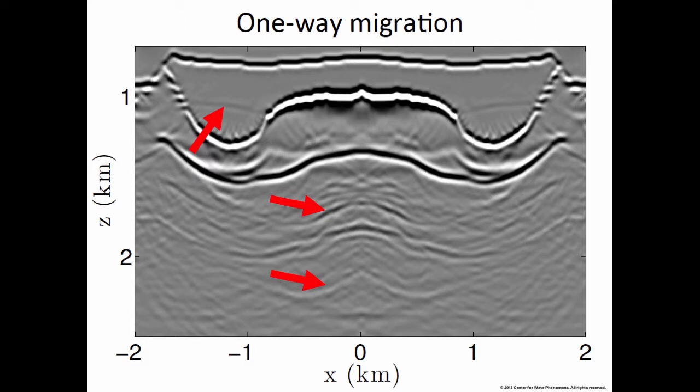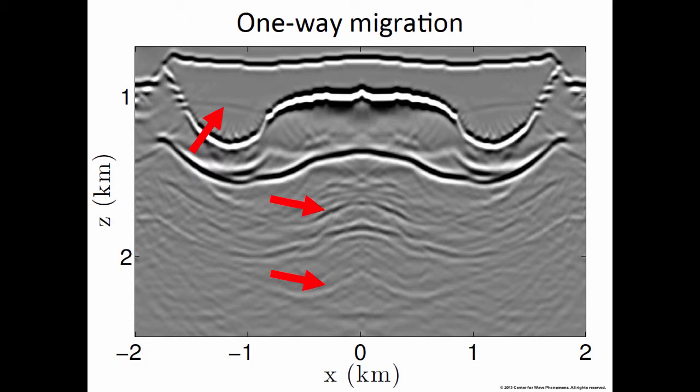This is the result we obtained using one-way migration, which is just depth extrapolation. I want to tell you that if we had used RTM, we would have obtained the same result, because right now in this presentation the focus is on the effect of internal multiples in the data.